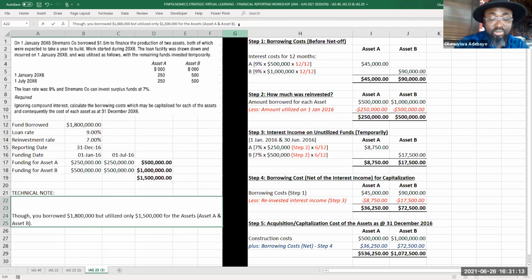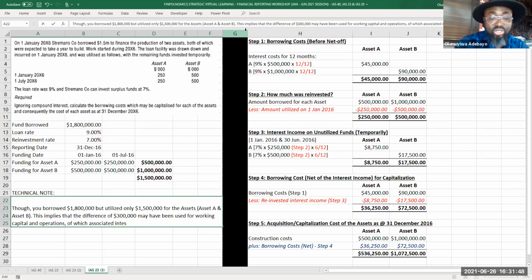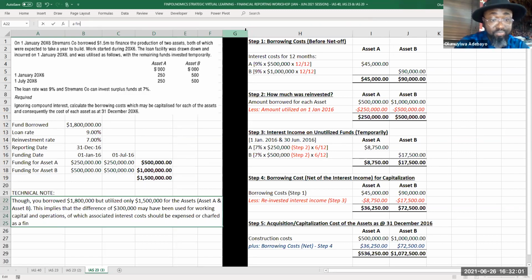Now, what has happened? This implies that the difference of $300,000 may have been used for working capital and operations, of which associated interest cost should be expensed or charged as a finance cost to profit or loss in the period.